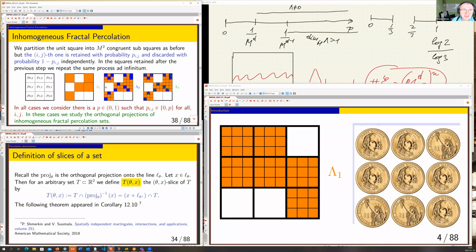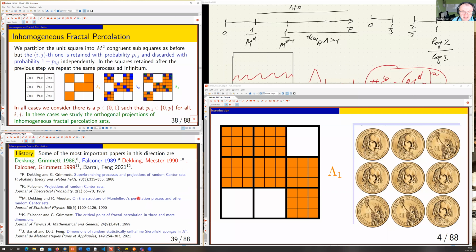So this is the inhomogeneous case, and there are a number of papers: Dekking, Grimmett, Falconer, and lastly Borel and Feng in Advances in Math. No, there's some French one last year.